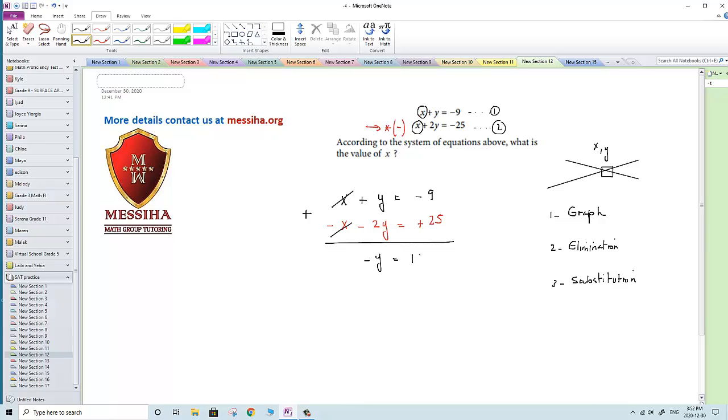This is like 16 with a positive sign. So if I divide both sides by negative 1 to isolate y or to find positive y, it will give me y equals negative 16. Now, since y equals negative 16, I can find x by substituting y in any equation. Let's say I'm going to use equation number 1.